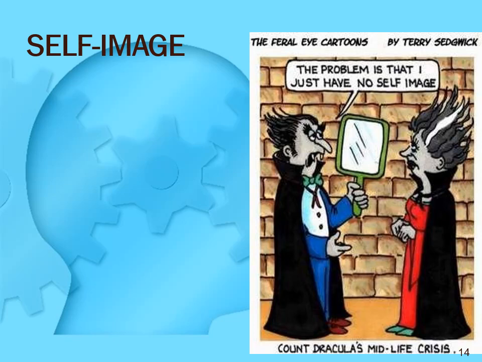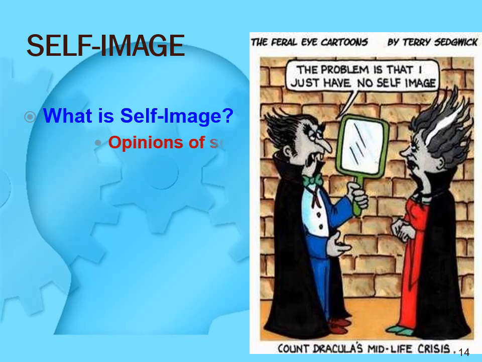It's a picture you have of yourself. It's an opinion that you have of yourself. I'm smart. I'm dumb. I'm good at math. I'm bad at math. They're all opinions of ourselves. They become beliefs. We believe them about ourselves.